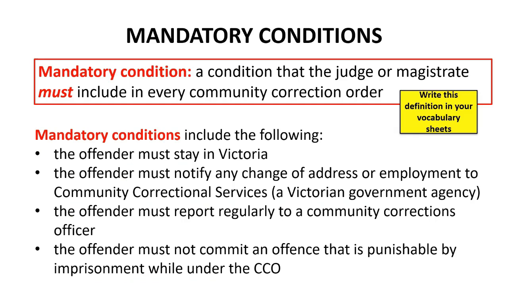So, all community correction orders must include conditions that require the offender to stay in Victoria, to notify any change of their address or employment to community correctional services, to report regularly to a community corrections officer, and not to commit an offence that is punishable by imprisonment while the offender is under the community correction order.